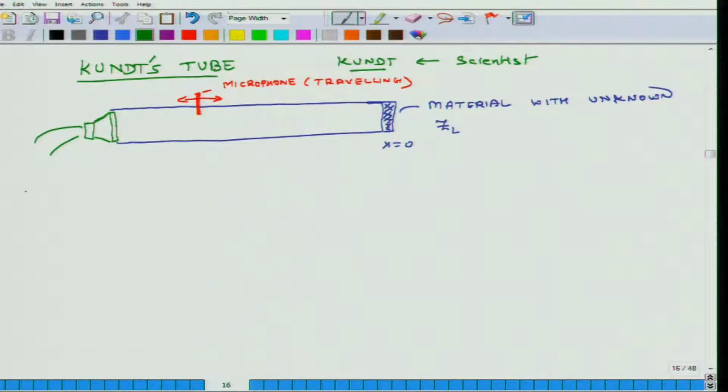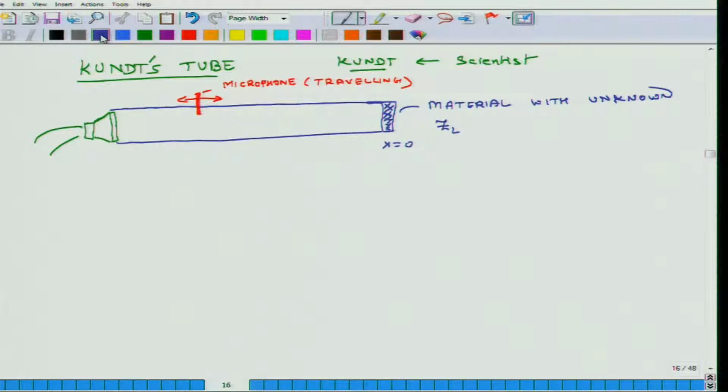So that's all this apparatus is about. It is a long tube. At x equals 0 they place the unknown material with unknown ZL. There is a traveling microphone which measures the sound pressure level at different locations, and that sound is generated by a speaker which is at the other end of the tube.